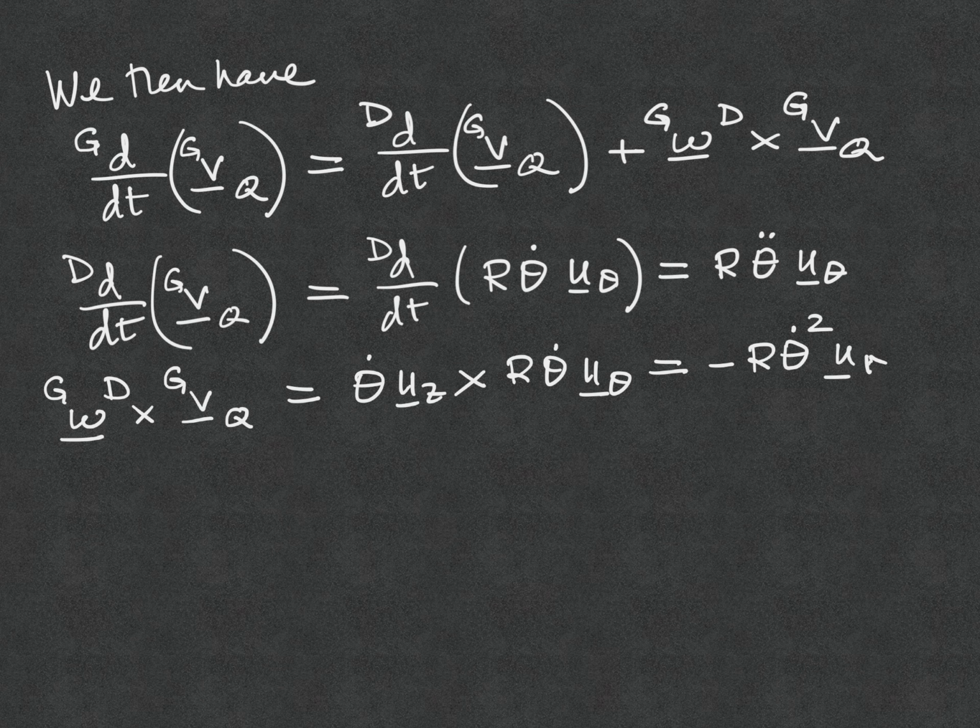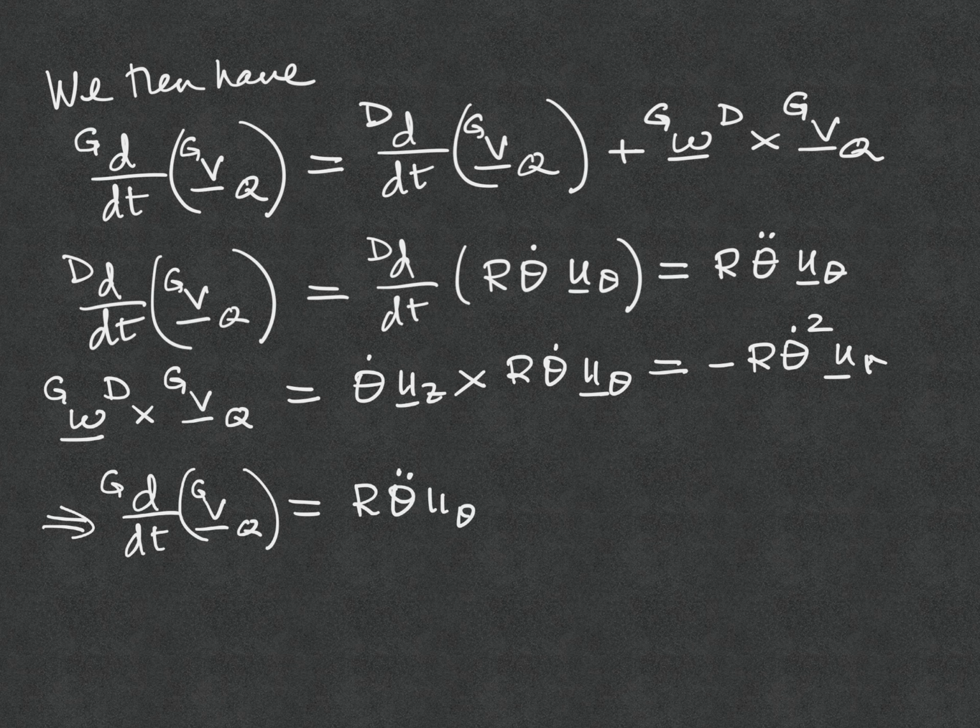And now all we have to do is just add these terms together. So we get that d dt in G of the velocity of point Q in G is equal to r theta double dot u theta minus r theta dot squared ur.